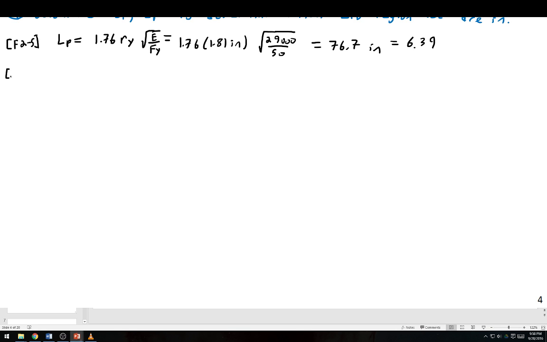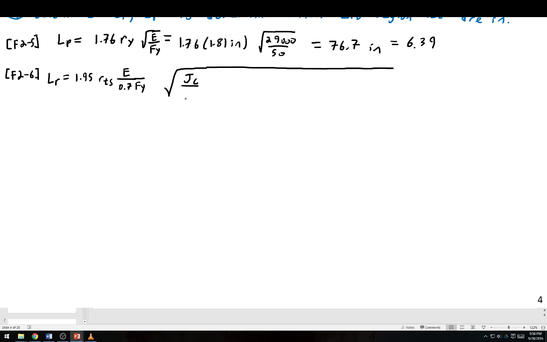Then equation F2-6 will be, well, Lr, as you've seen before, is 1.95 r_ts times E over 0.7 Fy times this horrific double square root of Jc over Sx ho, plus the other square root.